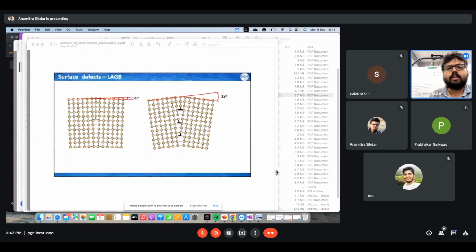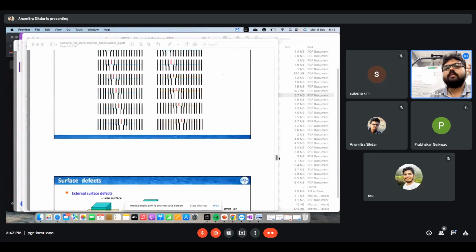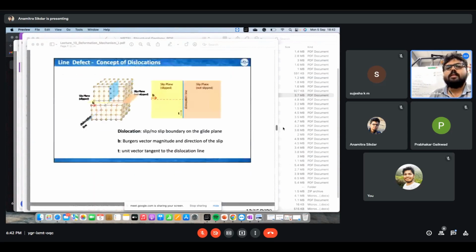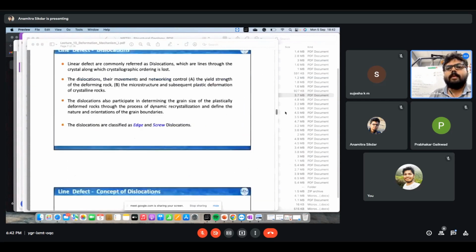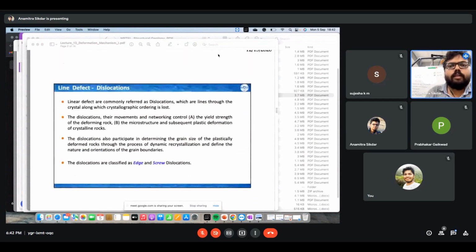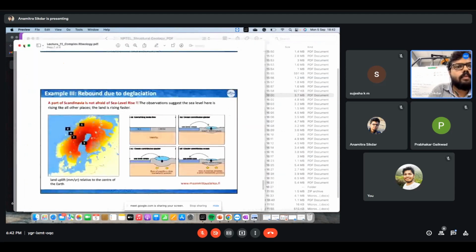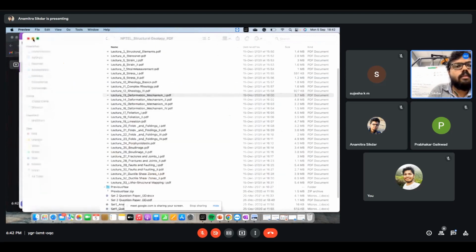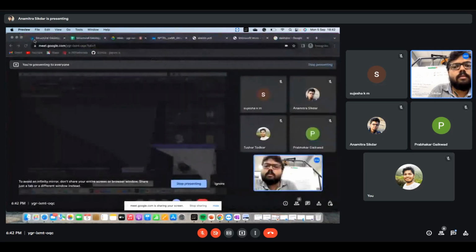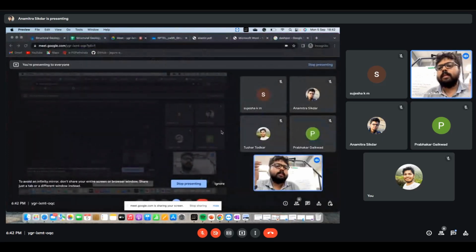So it is extended in the 3rd dimension, right? So is this clear, how the defects are present within the crystal? Is this clear?